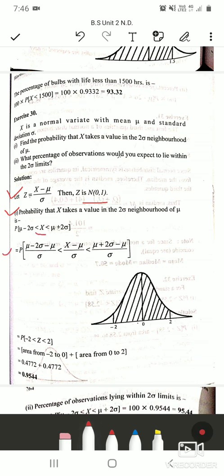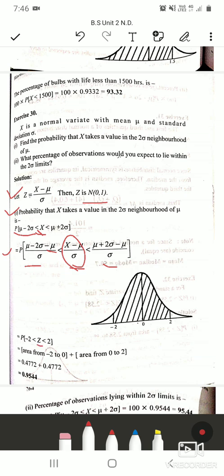For x and for the other terms, we subtract the mean and divide by the standard deviation. Same steps, no difference.